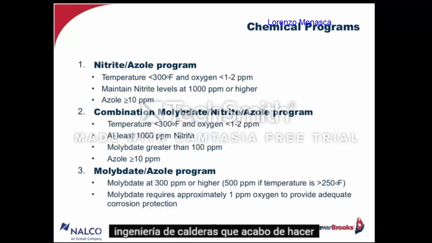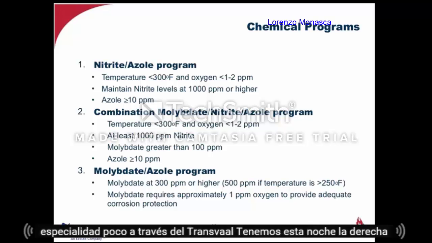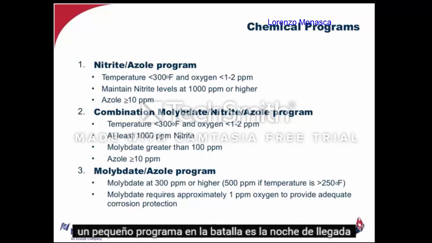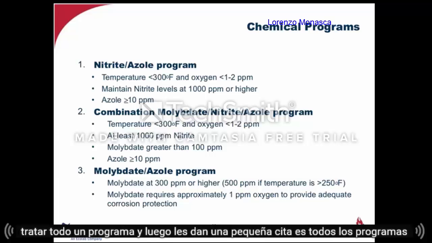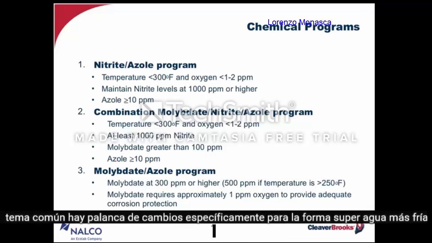I've just made them generic. I've not included any product names. But you'll see kind of a trend go through these. We've got the nitrite azole programs, then we've got the molybdate nitrite azole programs, and then we've got the molybdate azole program. So there's kind of a common theme there.